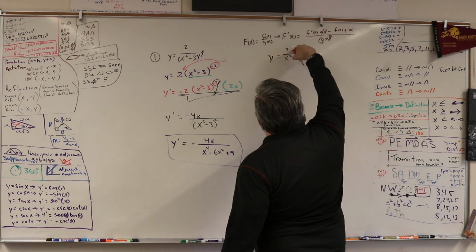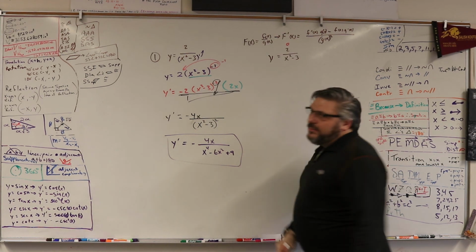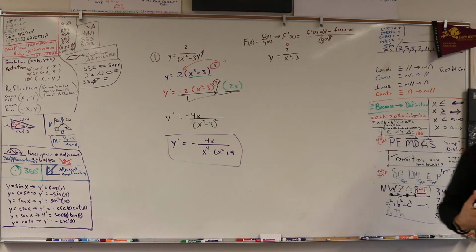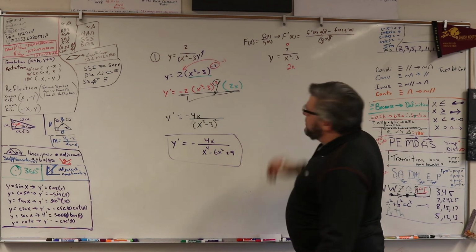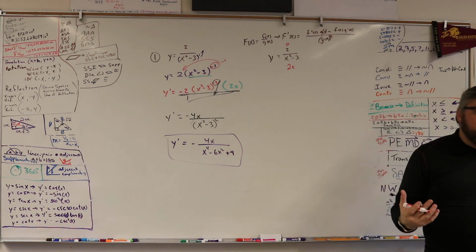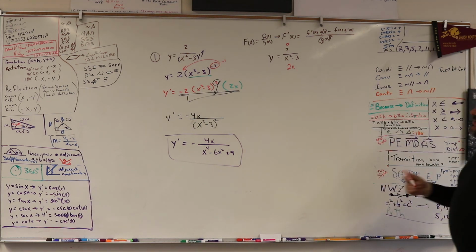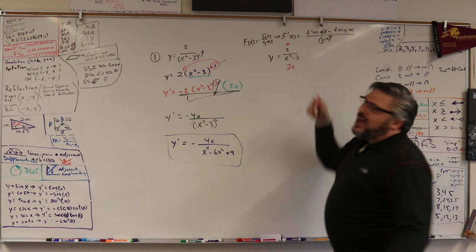First, what is the derivative of the top? 0. What is the derivative of the bottom? 2x. So that's the derivative of the top and the bottom.